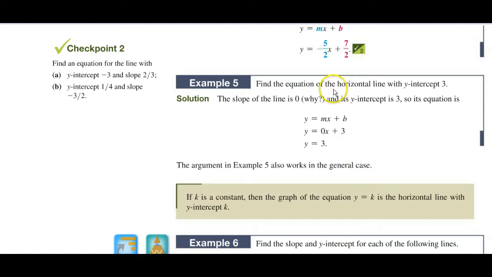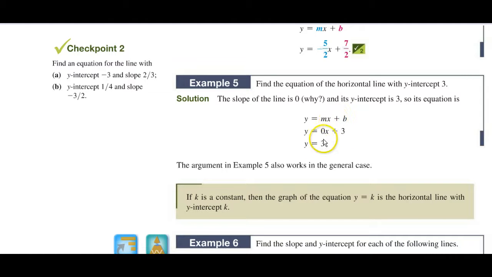Now, find an equation of a horizontal line with a y-intercept of 3. Well, remember, your slope of a horizontal line is 0. So basically, it's y equals b, which is your y-intercept.